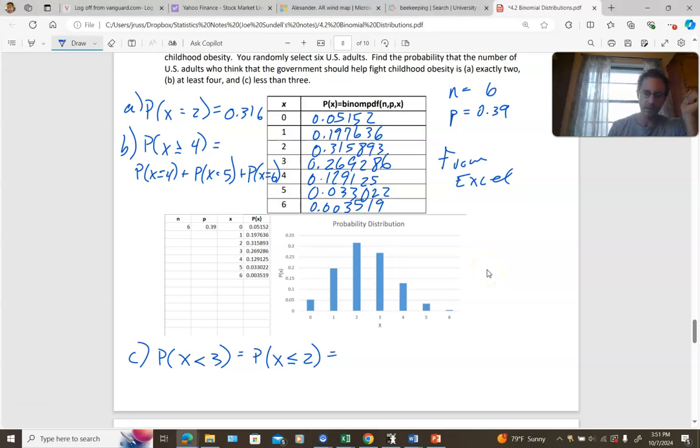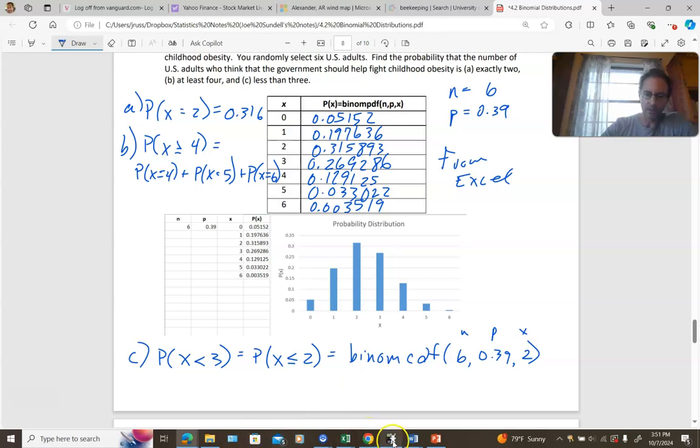So I can use the binomial CDF, and n is 6, p is 0.39, and x is the highest value. In this case it's 2. You want to be careful here, guys, because x less than 3 means that x doesn't take on a value of 3. So you have to write it like this, with the value of x being 2 instead of 3.